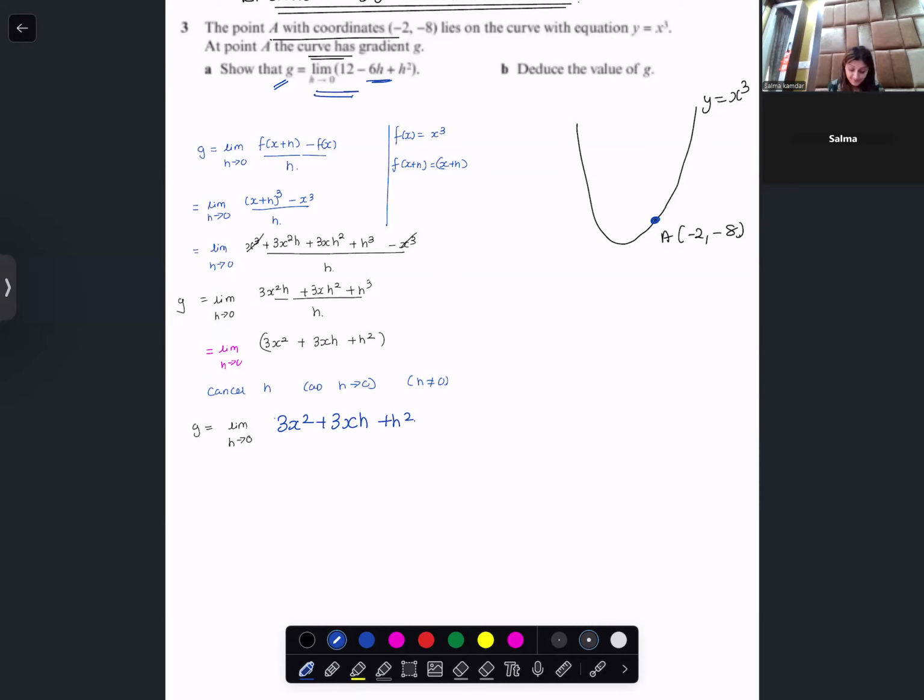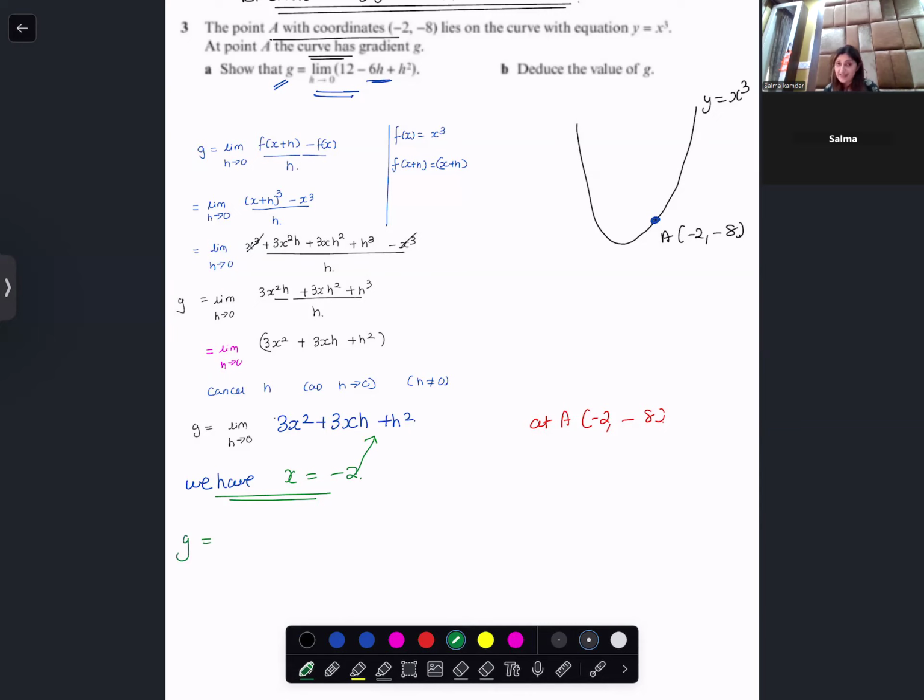You can read this. Now what do I do? I want to find the gradient at A, and my A is -2 comma -8. So I know we have x is equal to -2. So what will I do? I will substitute the value of x into this expression.